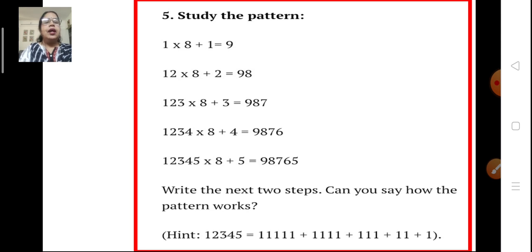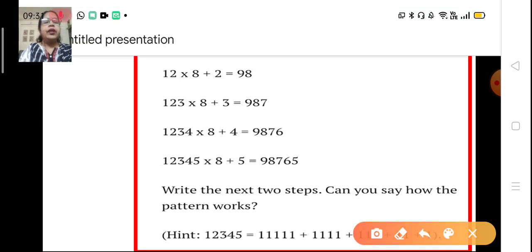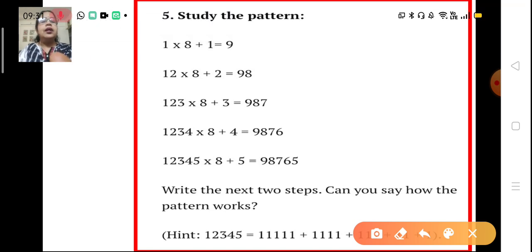Let us look at the first number, how it increases. It is 1, then it becomes 12, then 123, then 1234, and next step it becomes 12,345. So we can see that the number is increasing by consecutive numbers, isn't it?